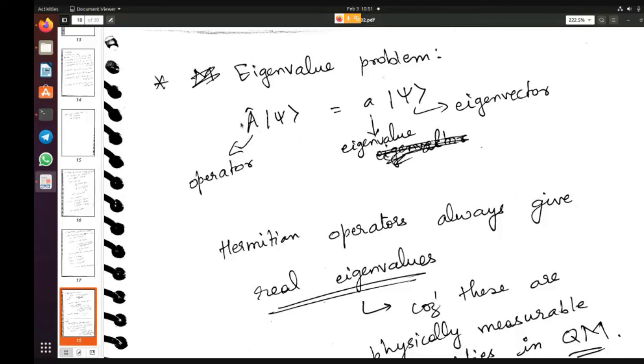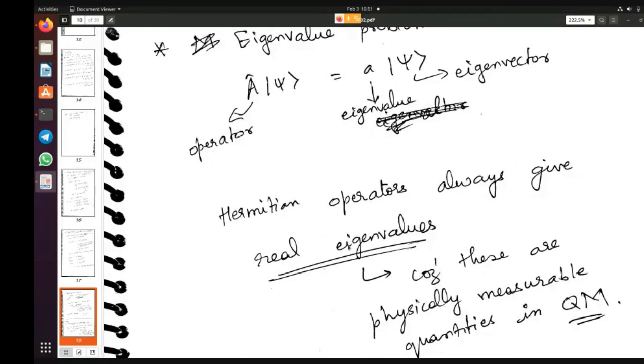then I have told you already that all the eigenvalues will be real. And why are they real? Because all of the physically measurable quantities are going to be real, right? Otherwise we cannot measure them. If you want to measure energy, it has to be a real number. There's nothing like complex energy, right? It is always a real number.